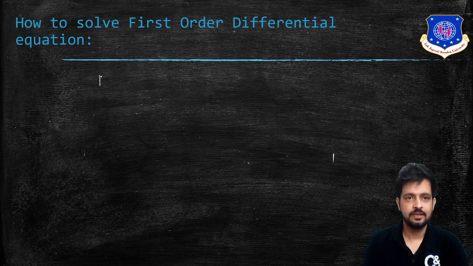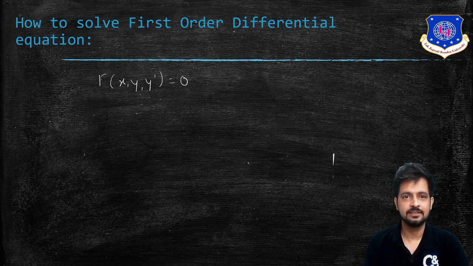If the equation consists of x, y and y dash, here y is a function of x, y is the dependent variable, x is the independent variable, and y dash is the derivative.